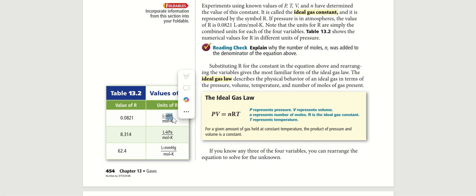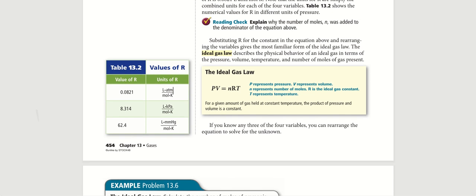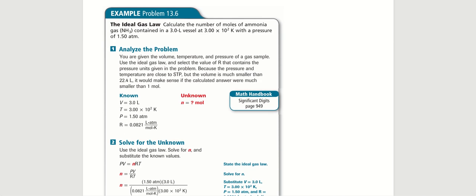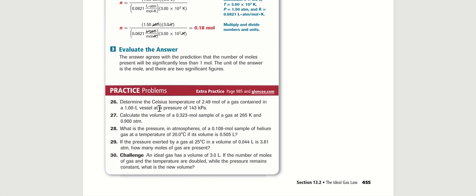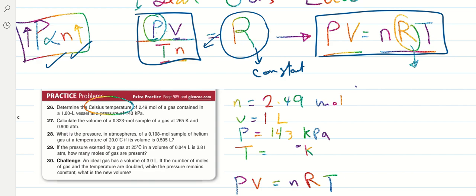According to the unit of pressure, the constant will change. So I have one constant value if I use atmospheric pressure, another constant value if I use kilopascal pressure, and another value if I use millimeters of mercury. Different values of R, and we're going to use them to answer these questions. Let us answer these questions in your book.